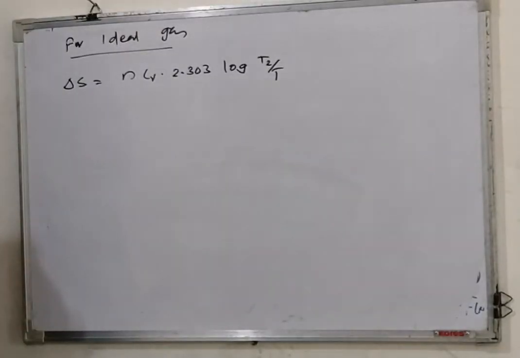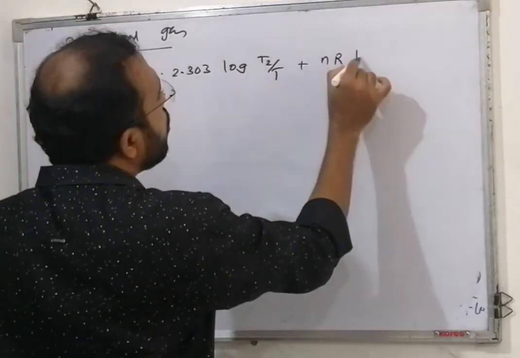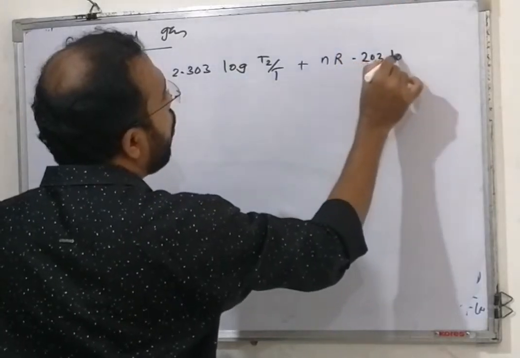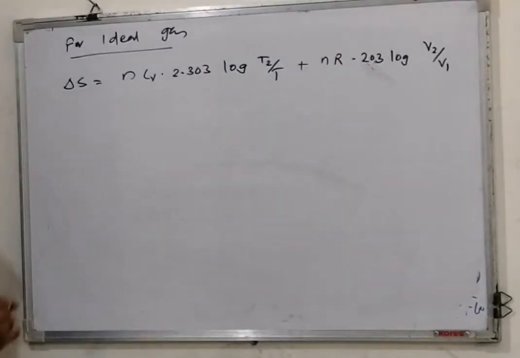NCV delta T by T, you remember that? Yes. Plus NR log V2 by V1 for solving the numericals, 2.303 log.